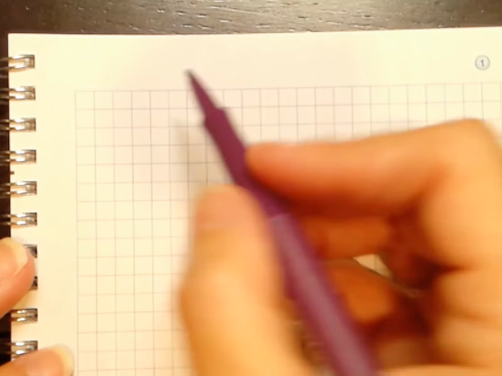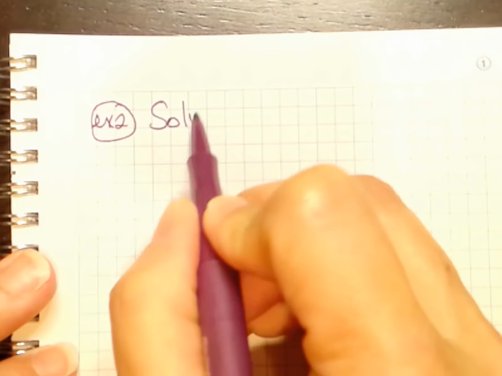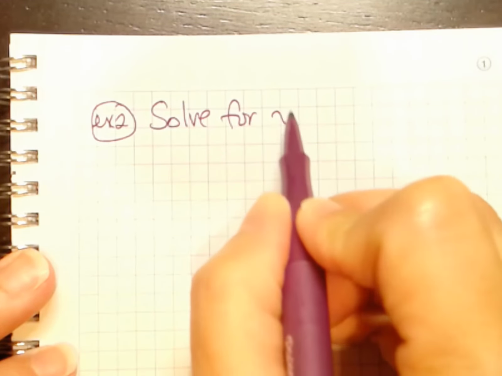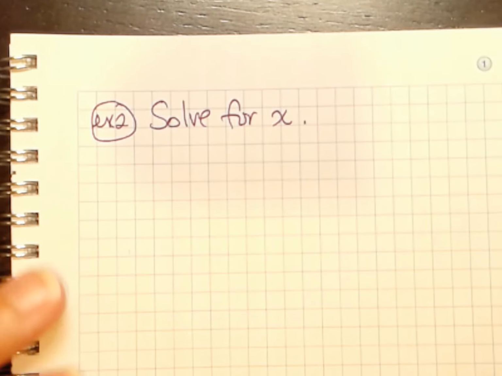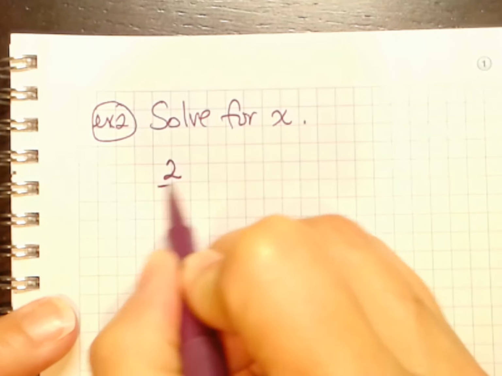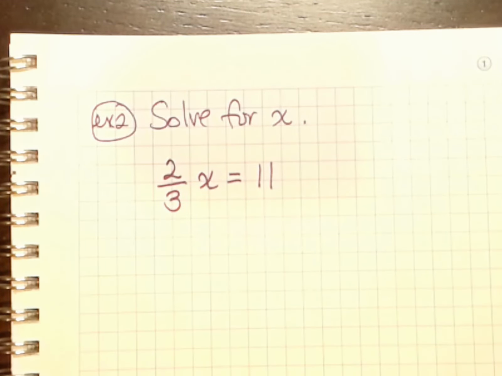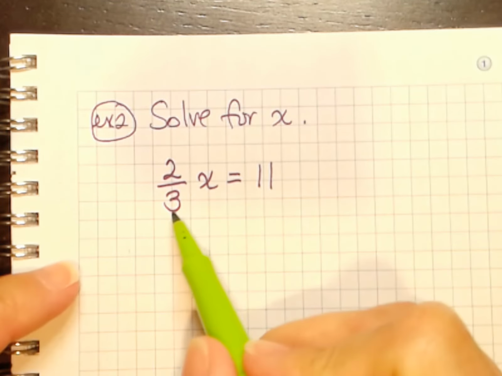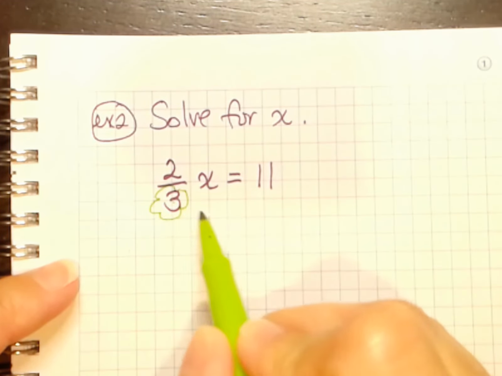So let's suppose that I have my problem. This will be example number 2, and it's going to say solve for x, and my equation is 2/3 x is equal to 11. So in this case, I see that I have a fraction again, and I see that I have a denominator. There's my denominator.